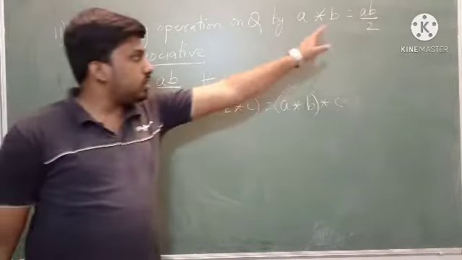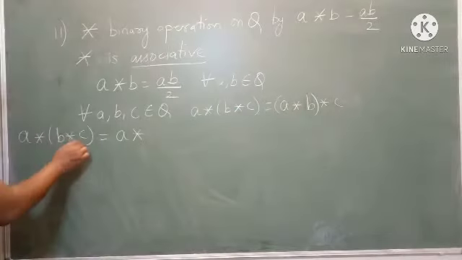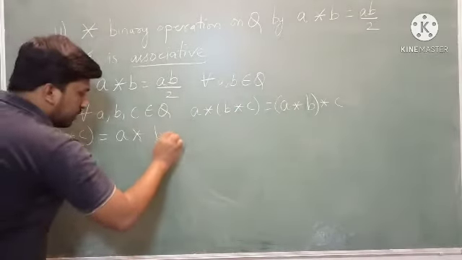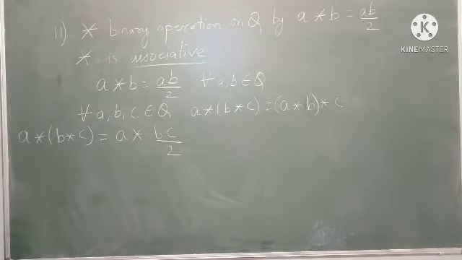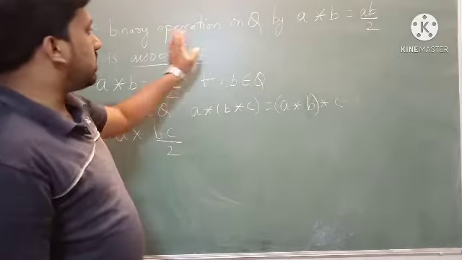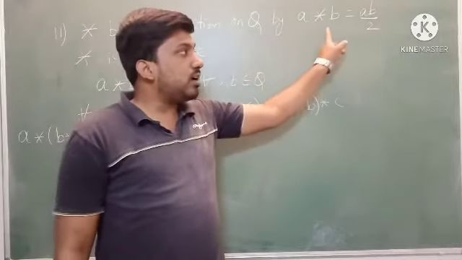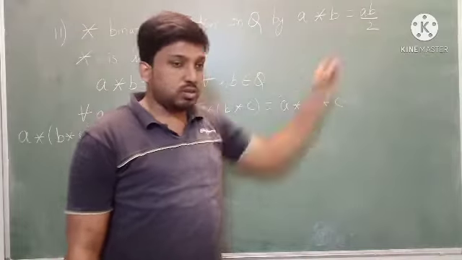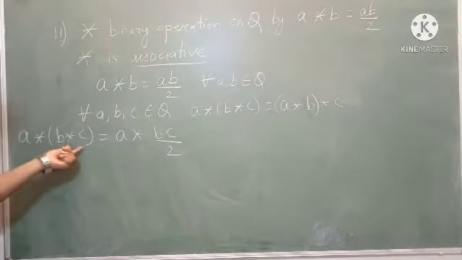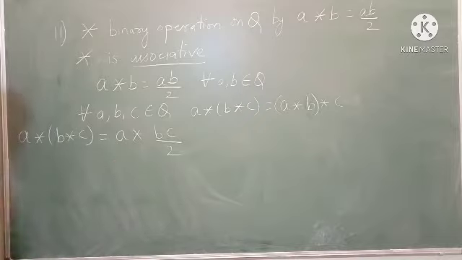If A star B is equal to AB by 2, then B star C will be BC by 2, isn't it? So the binary operation they are defining like this, where star is the binary operation, A star B is nothing but AB by 2. Then B star C also belongs to Q, so B star C is nothing but BC by 2.